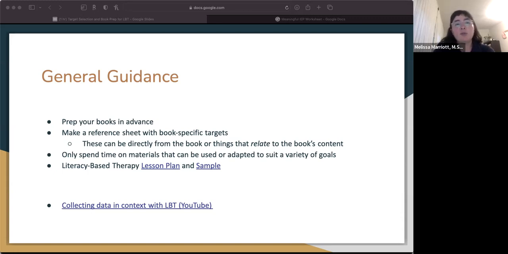And then there are a couple links here for a sample lesson plan for a literacy-based therapy lesson. And oh yeah, the last thing I'll say about materials is that one thing I've been trying to think about recently, specifically with respect to laminating, is: do I need this thing to last forever on the earth?